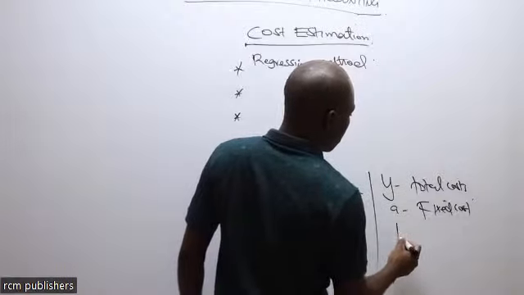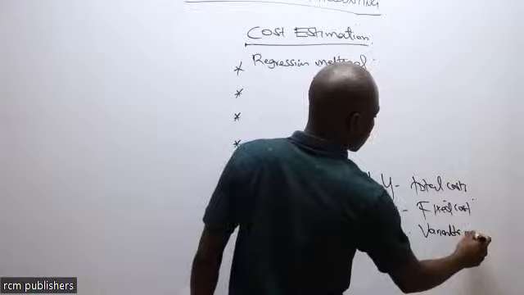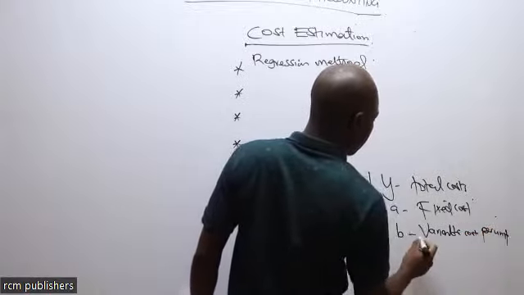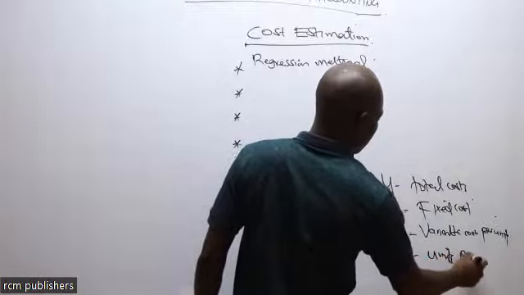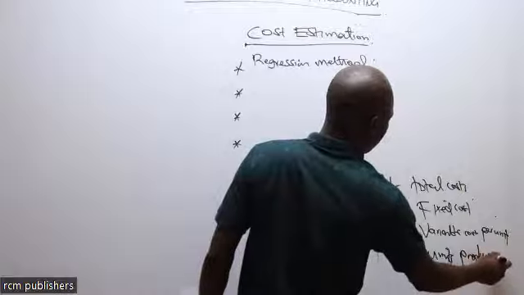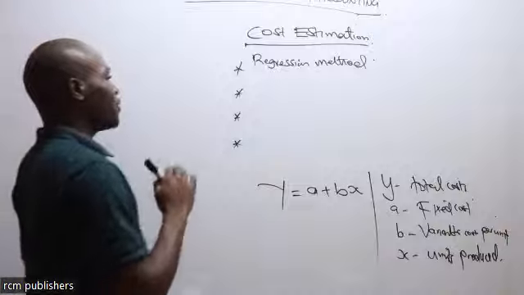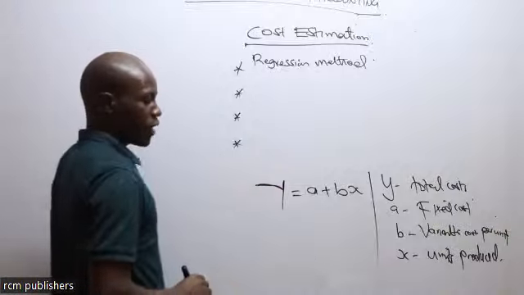Then our b is the variable cost per unit. And this x here is the units produced or units of output. That is what we have. So at the end of it all, you need to arrive at this particular function.